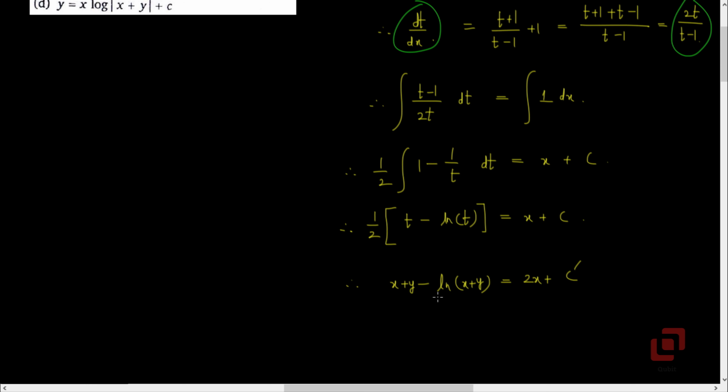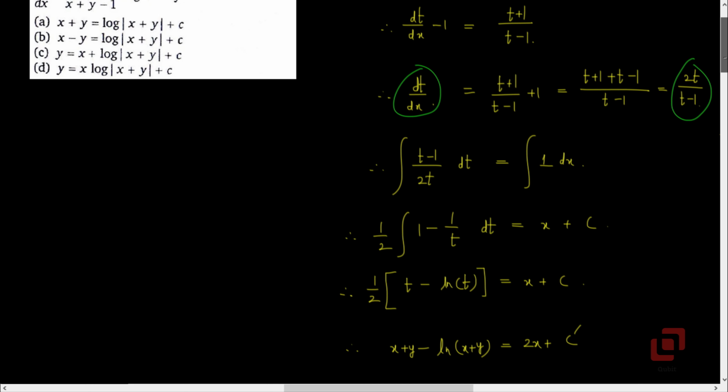We now have to compare our general solution with that in the options. First, let us cancel the x terms on both the sides. Observe that in all four options, the log term is accompanied by the constant of integration. So let us send log of x plus y to the right hand side, which will give us log of x plus y plus c dash on one side.